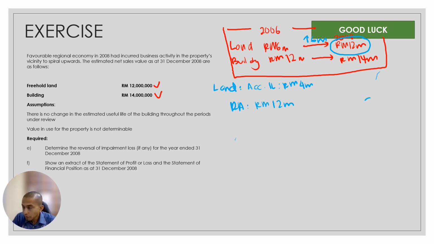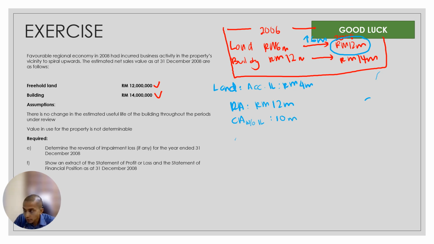Land is special because land doesn't have any depreciation, right? So we see the carrying amount without impairment loss. We need to take the original carrying amount. In 2006 it was 6 million, but the original carrying amount in 2004 is 10 million, right?